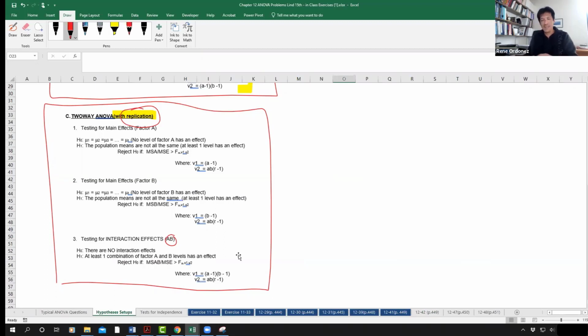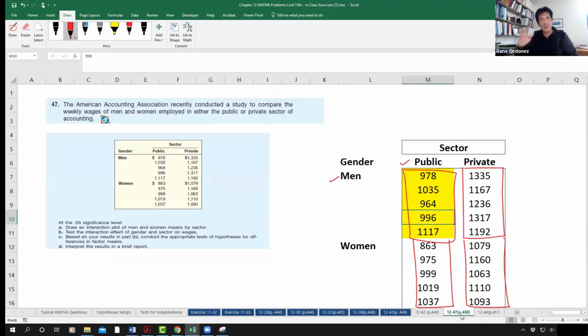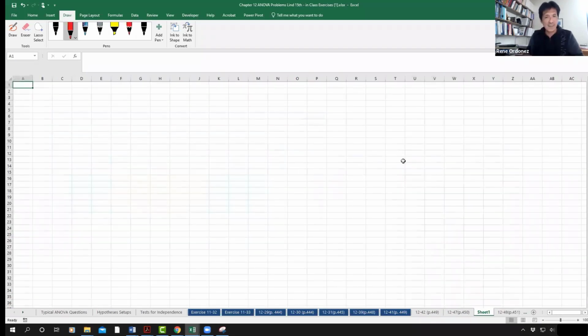Now, before I discuss this problem here, let me give you something that maybe all of us or some of us can relate to as far as this concept of interaction, what this interaction effect is.